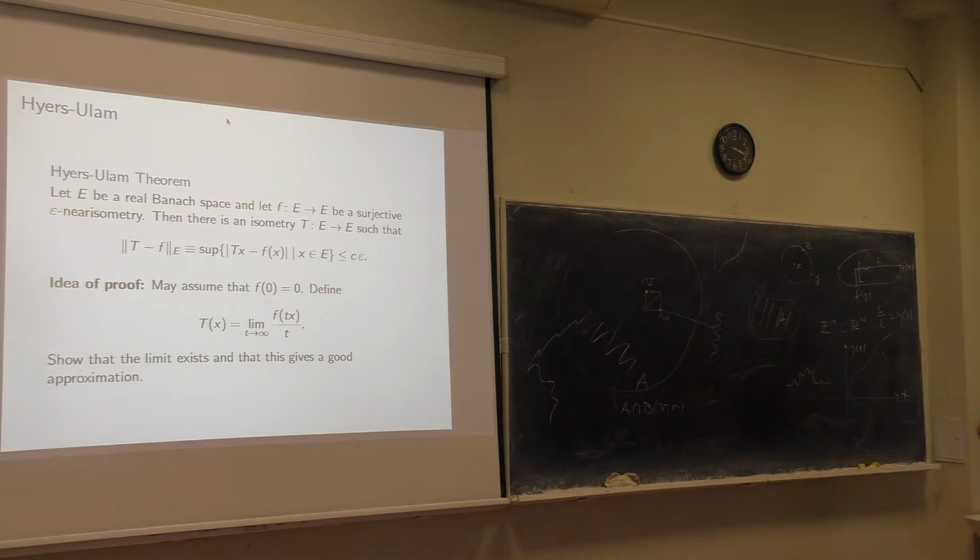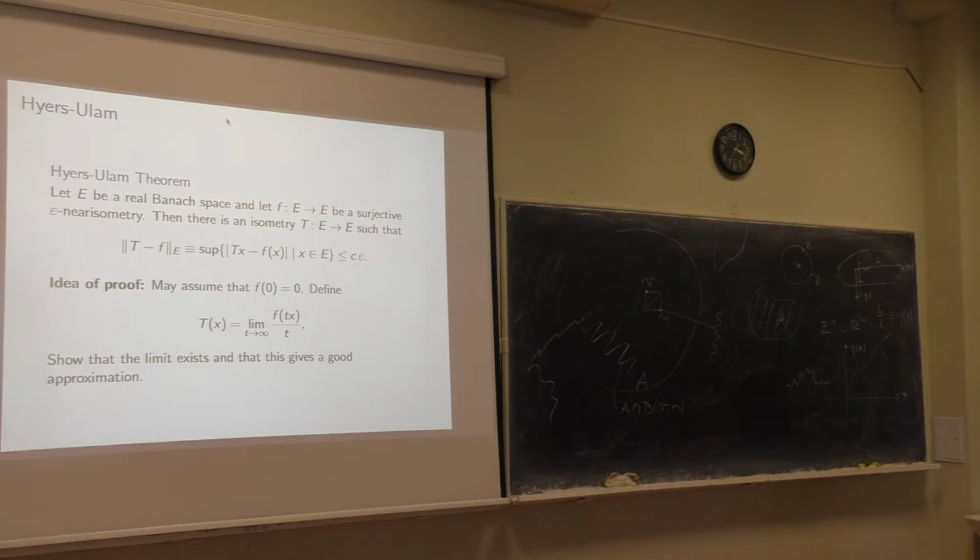So this is how we come to these approximation results, and let me start with this classical result. It's called the Hyers-Ulam theorem, in a very general setting for Banach spaces.